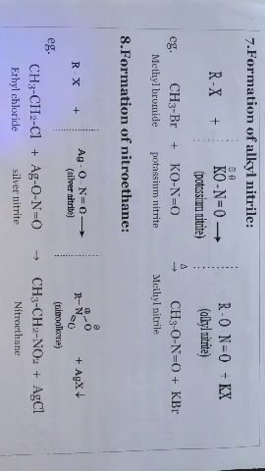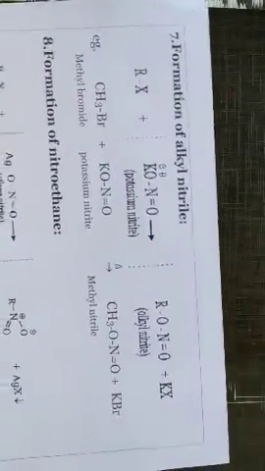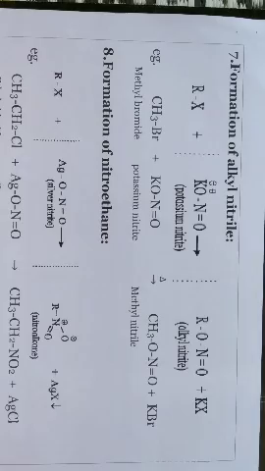So example is CH3Cl plus AgONO, that gives CH3NO2 plus AgCl. These are some of the important reactions of the alkyl halides. Students, you can choose various alkyl halides RX, and you can write various reactions for the alkyl halides.